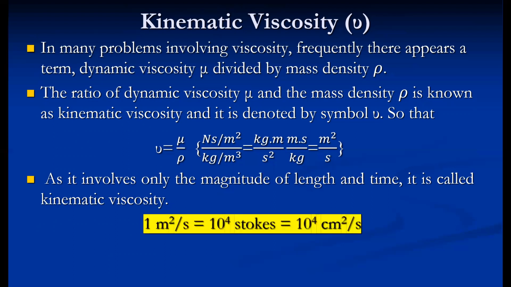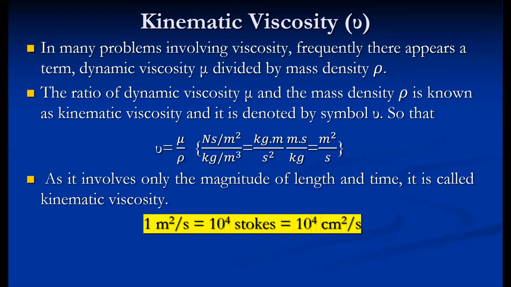The SI unit of kinematic viscosity is meters square per second, but its commercial unit is also there, that is Stokes. So 1 meter square per second is equal to 10 raised to 4 Stokes, or 10 raised to 4 centimeters square per second. Most commercial specifications use commercial units, but we must know the relation between the commercial unit and the SI unit.